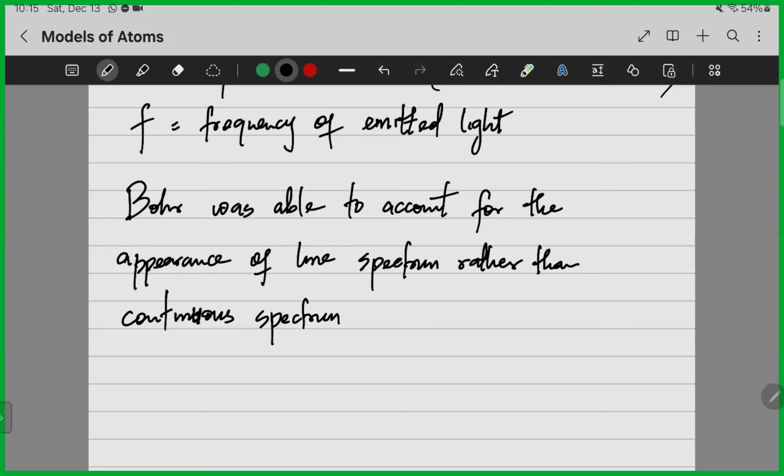So it is Bohr that was able to account for line spectrum rather than continuous spectrum.